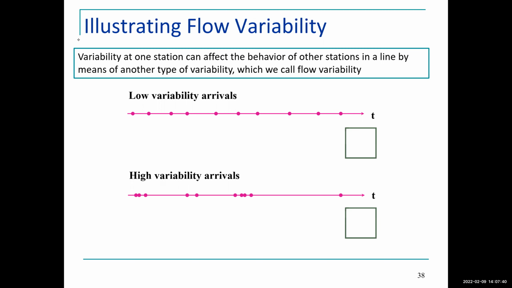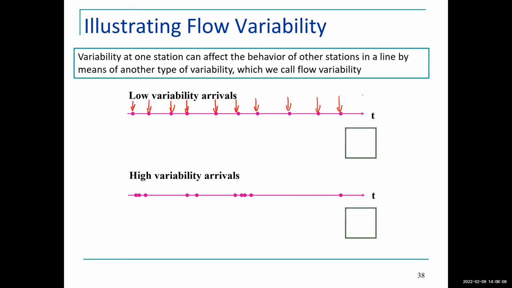So you have an arrival, they have some time in between, then another arrival, some time in between, another arrival, and so on. So an arrival will be represented by these dots. So arrival, some space in between, then another arrival.